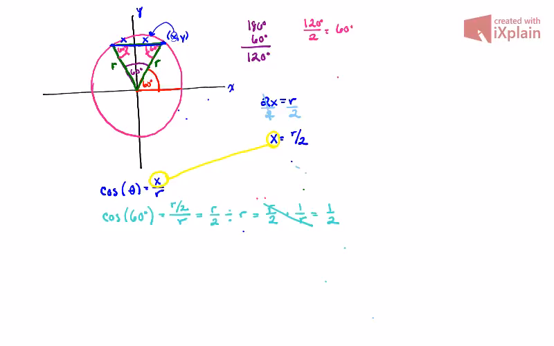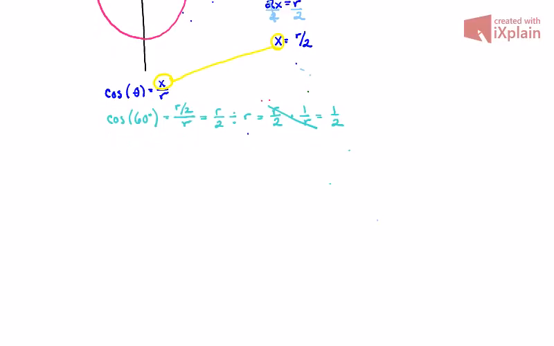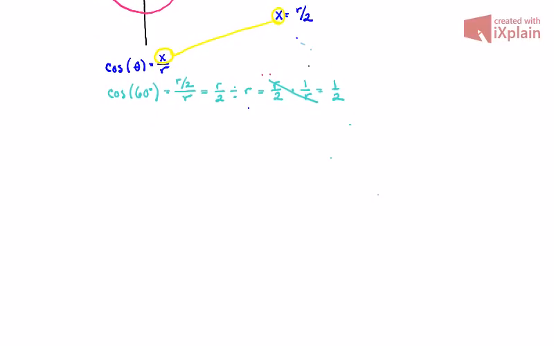At this point it's smooth sailing. If I know what the cosine of 60 degrees is, I can snowball this into finding out what the sine of 60 degrees is simply by working with the Pythagorean identity. Recall that the Pythagorean identity states the following. We know that cosine squared of theta plus sine squared of theta is equal to 1.